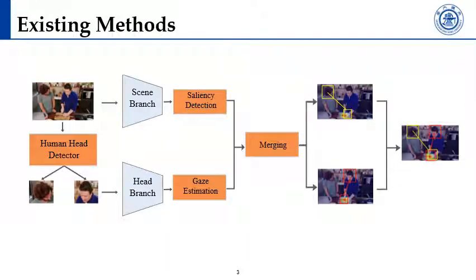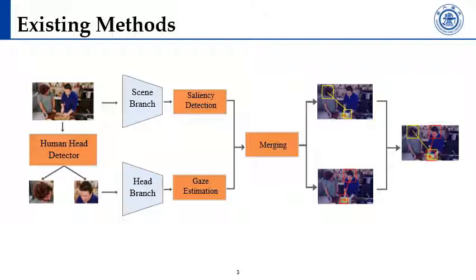Existing methods almost all adopt this kind of dual stream framework. First, each human head location is given. This can be achieved by either annotation or a head detector. Then a scene branch takes the whole image as input to detect the saliency regions in the image.